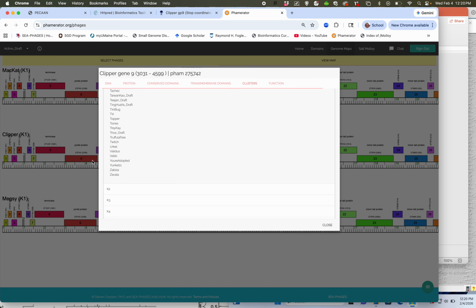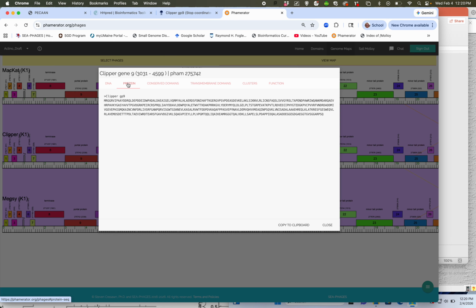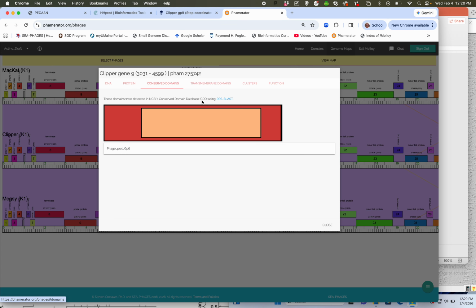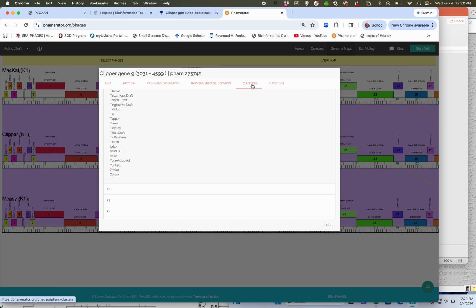If I click on it, I can get information about the DNA sequence, the protein sequence. I can learn whether there are any conserved domains, which we'll talk about later when we look at structure, or membrane domains, but I can also get a list of the phages that contain this gene FAM. And so look at all these different clusters.